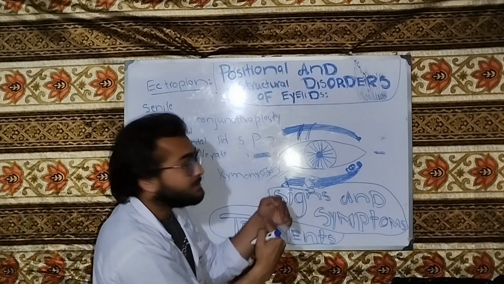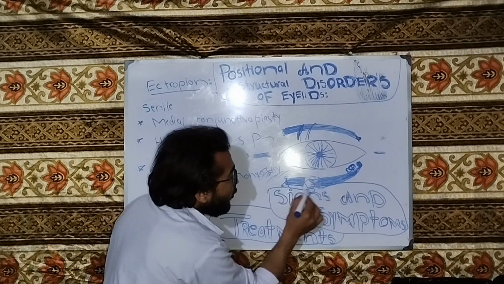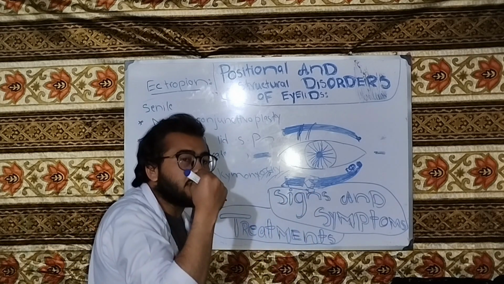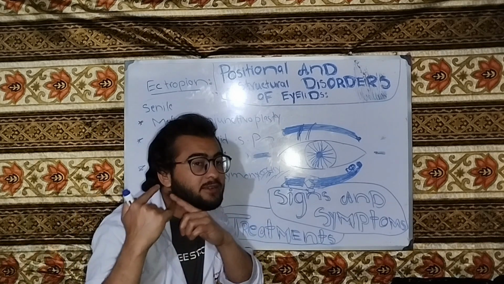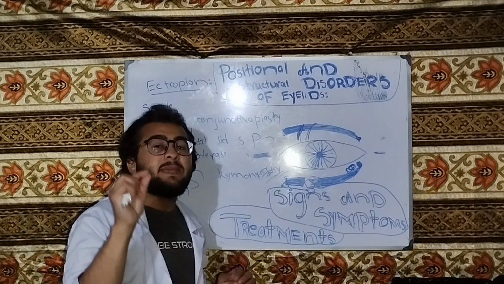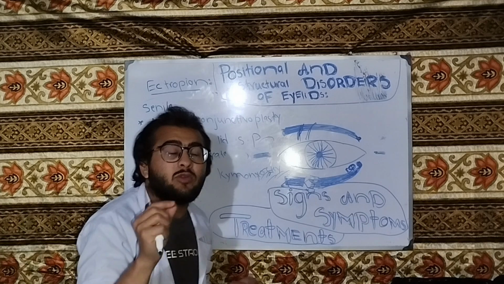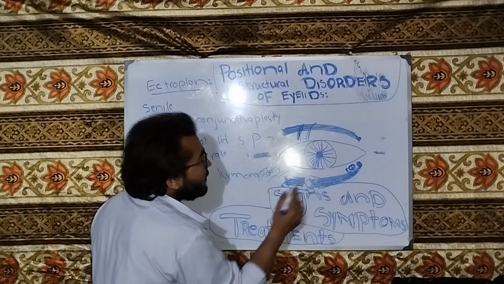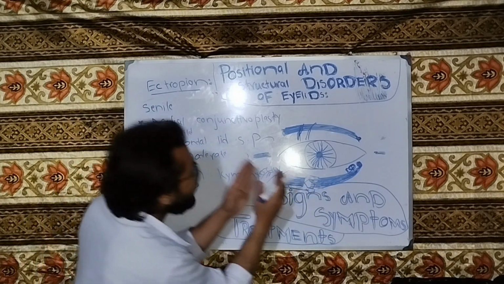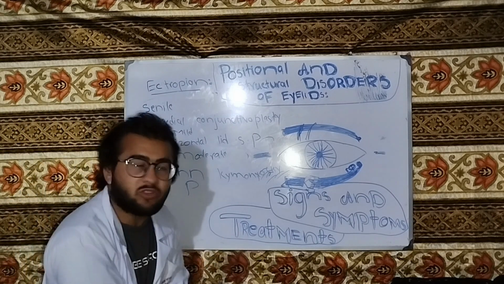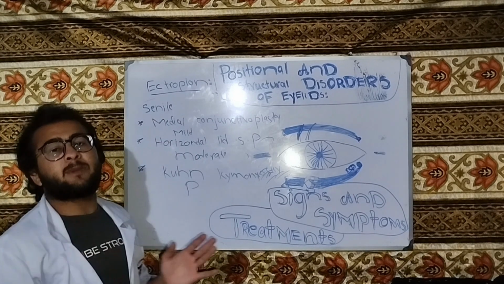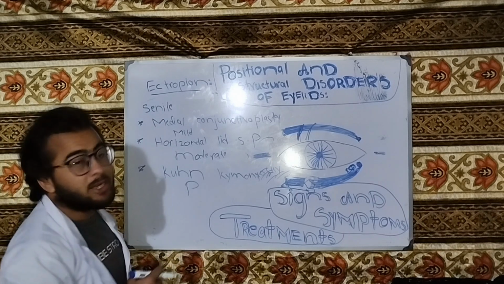From the lateral third of the lid margin, the full thickness pentagonal portion will be removed, and lateral to the lateral canthal tendon, we will also remove a triangular piece of skin. Both of these operations are part of the Kuhnt-Szymanowski procedure. So these are the three operations which we are doing in senile ectropion.